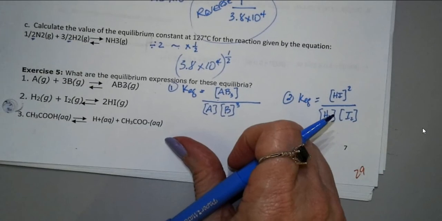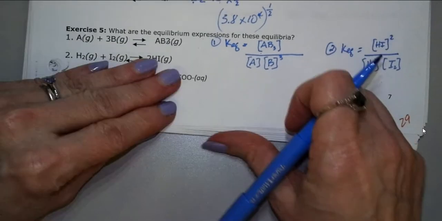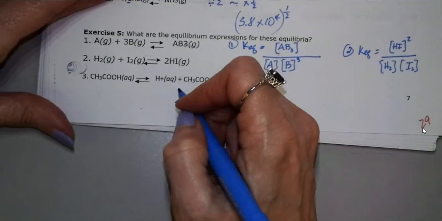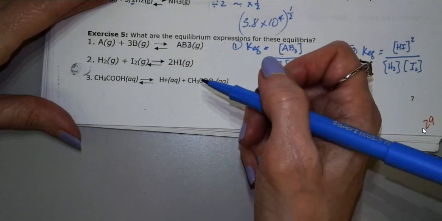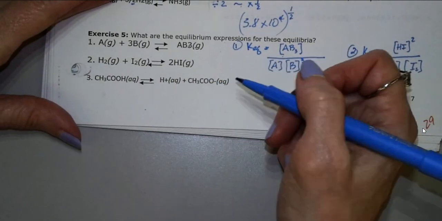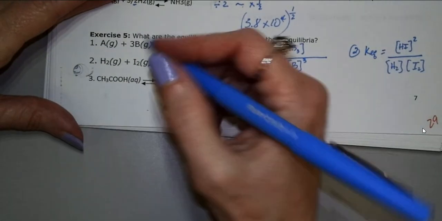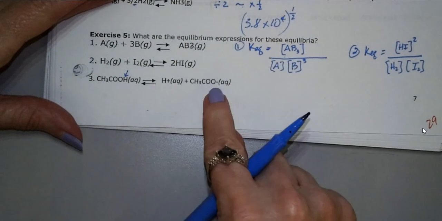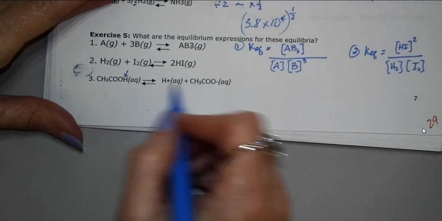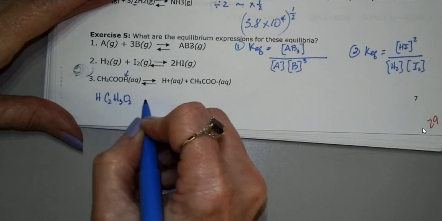All right, the last one, number 3, I want to point out to you because, again, they wrote this as if it's an organic, we're in an organic chemistry class, which, again, I hate that. So here's the acid, and notice that the H they're taking off is this last one. Normally, this is acetic acid. We would write this HC2H3O2, right? And we would take the first H off, and we'd have the acetate ion.